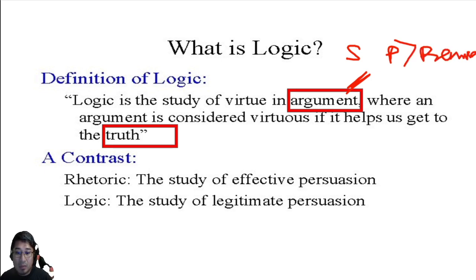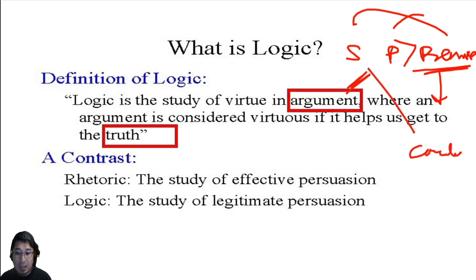So ibig sabihin sa argument meron tayong mga premises na may subject tsaka predicate. Yung premise na yun pwede ring maging conclusion na kung saan meron ding subject at tsaka predicate. So ibig sabihin we're talking about premises in an argument in order for us to recognize the truth.